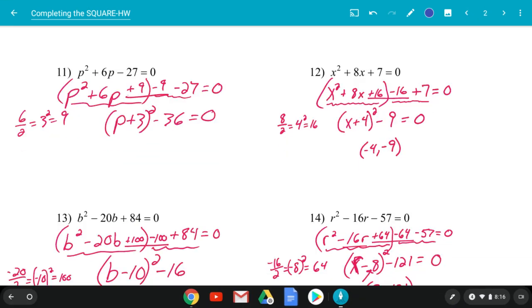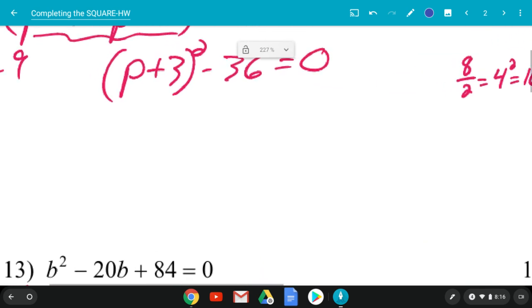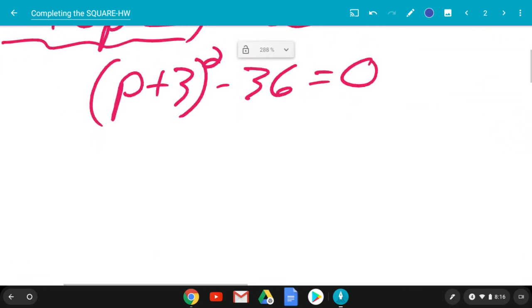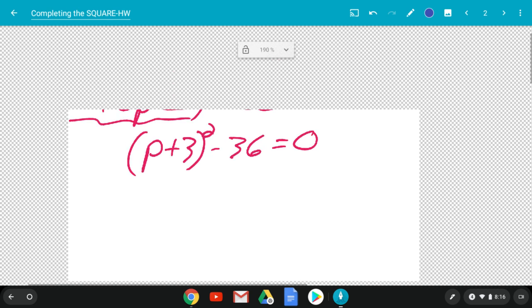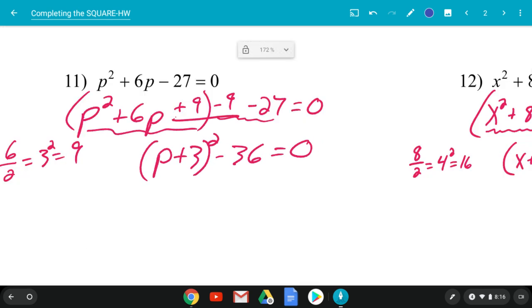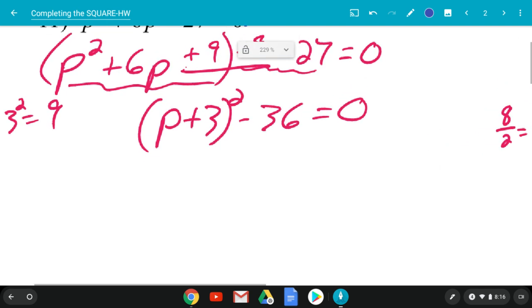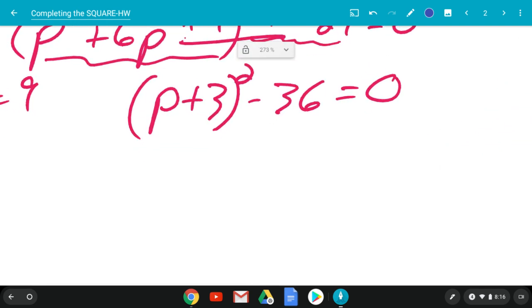So let's get back to this process. Let's look at number 11. We've taken an equation that was in standard form. We have manipulated it to put it into vertex form. And once it's in vertex form, I can use my property of square roots to solve. So I add 36 to both sides.